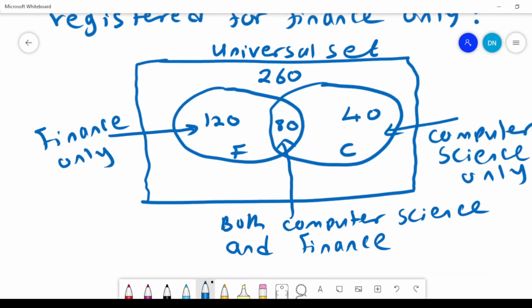So we have answered the first question: the number of students in the college who are not registered for either course. They are 260.